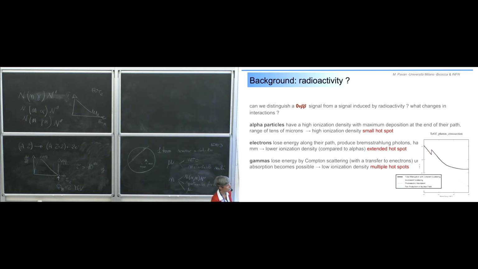this is 1 MeV. So the region where gammas have energies comparable with my region of interest is a region where gammas interact with Compton.